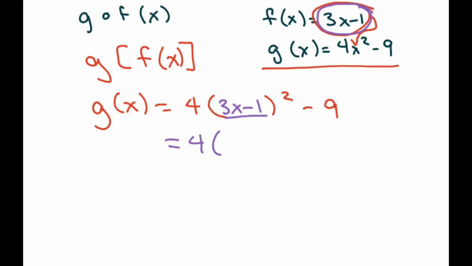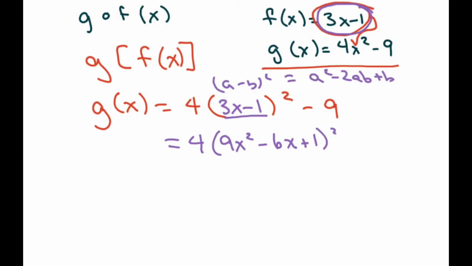If you use your factoring facts, we know this is like an (a minus b) squared. So that's going to be 9x squared minus 2ab, which is going to be 6x, and then square your b. Just remember that's a squared minus 2ab plus b squared, and then you have minus 9.